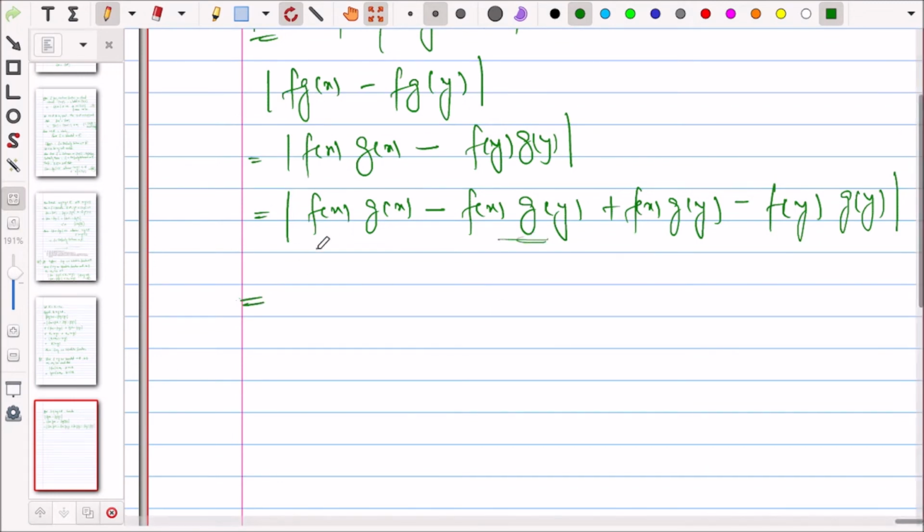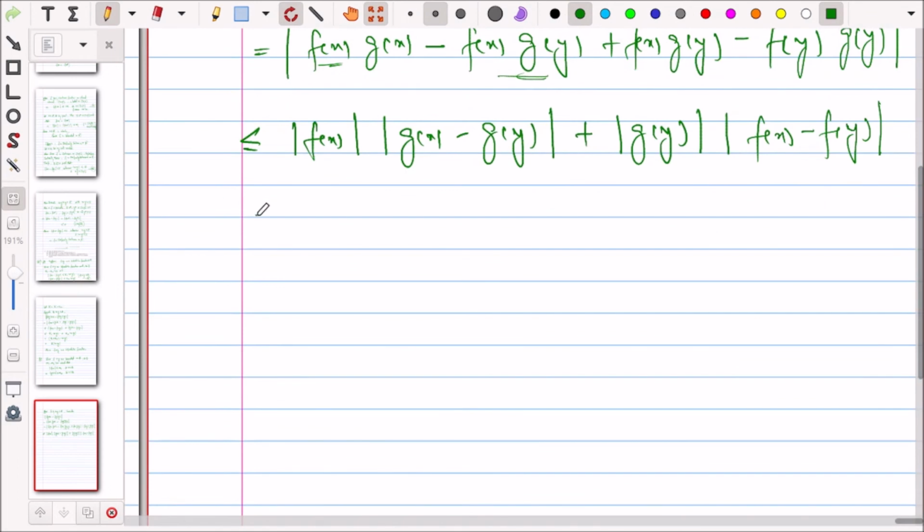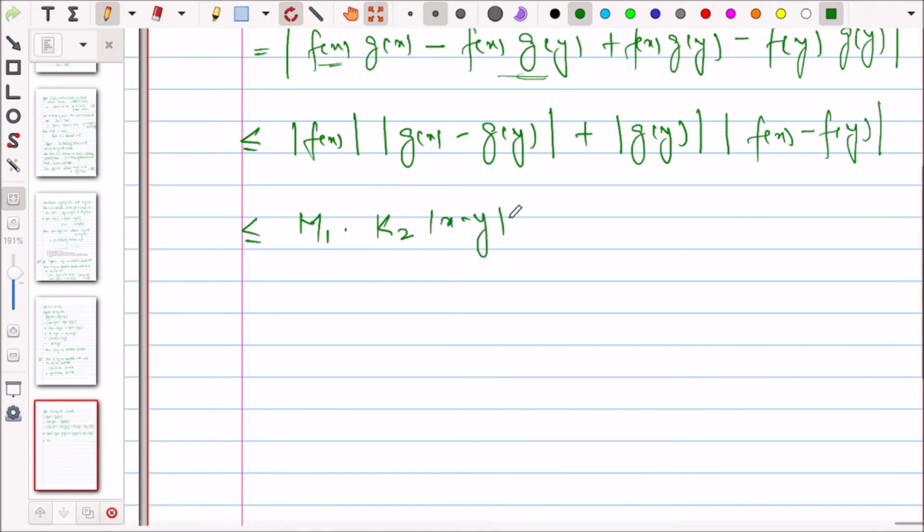Now we will take f(x) common from here and g(y) common from here and use the triangle inequality to get this result. Now f and g being Lipschitz functions, this is less than or equal to m1 times k2 times |x minus y| plus m2 times k1 times |x minus y|.